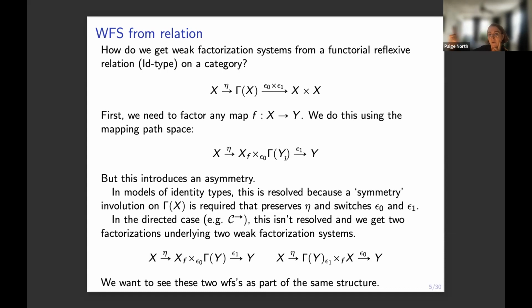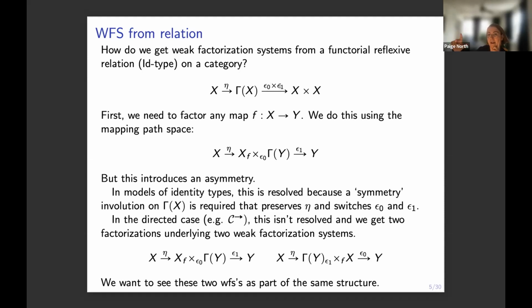So there's an asymmetry. Why didn't we use ε1 here and ε0 here? Okay, so when we talk about identity types, this is always fine because we actually have a symmetry involution on Γ X, that I haven't explicitly drawn out here, that preserves η and switches ε0 and ε1.